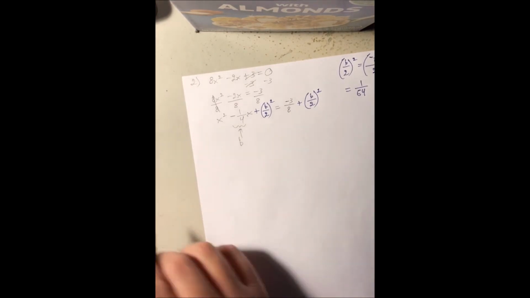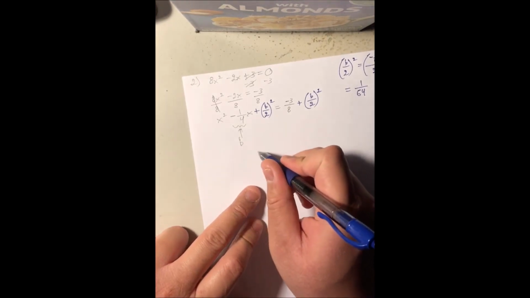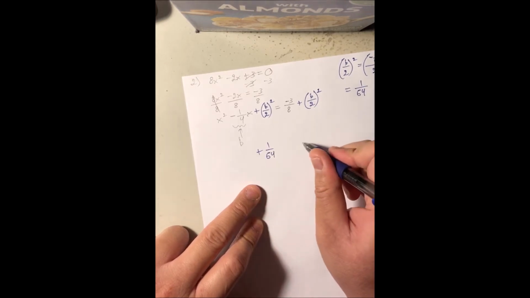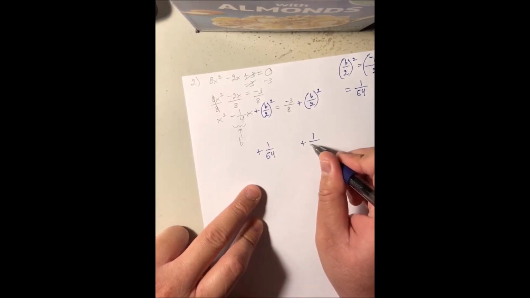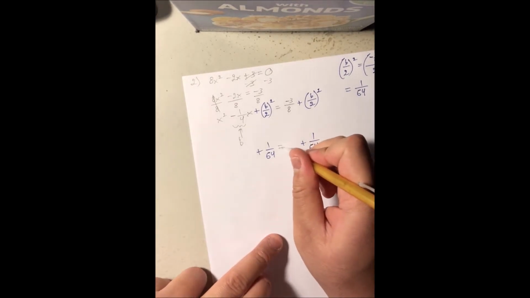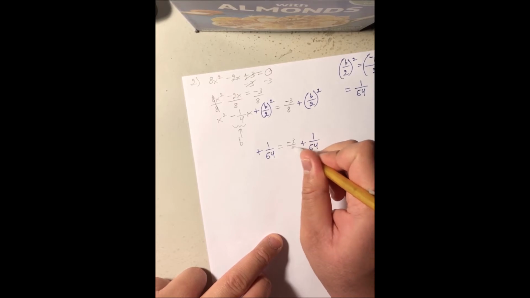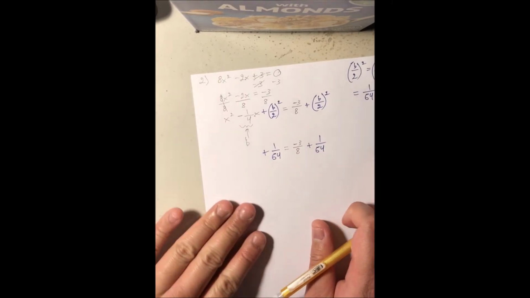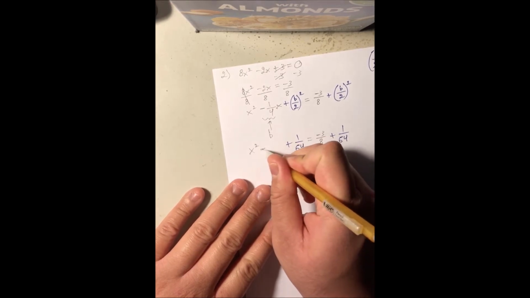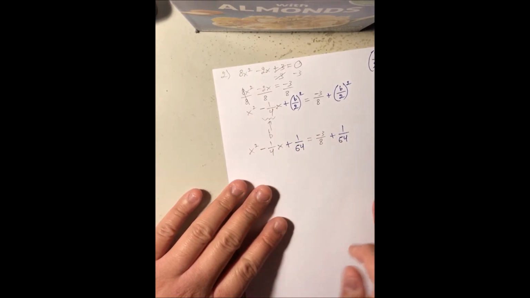So positive 1 over 64 is the thing that I want to add to both sides. Just include everything in the middle. Got x squared minus 1 over 4x.